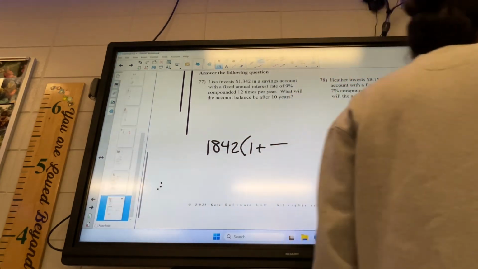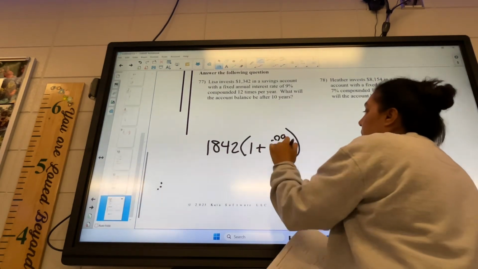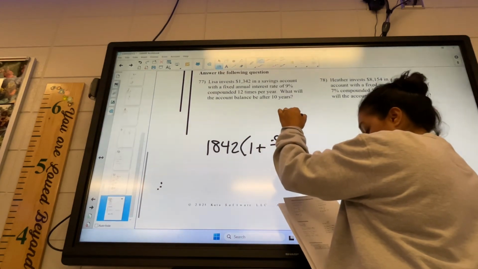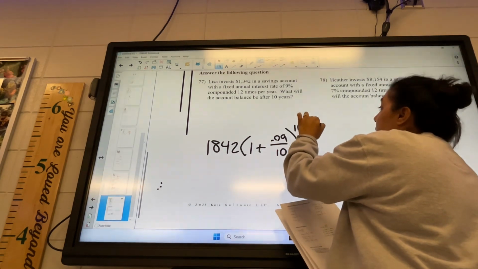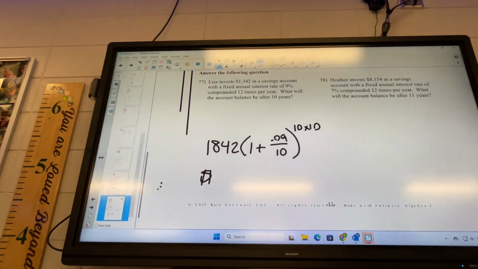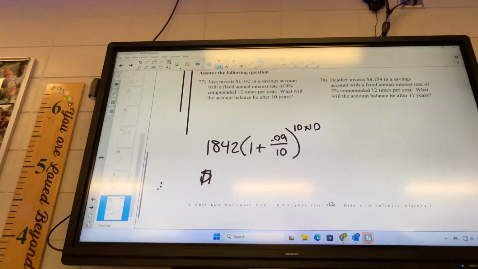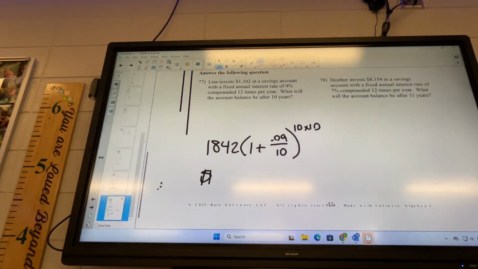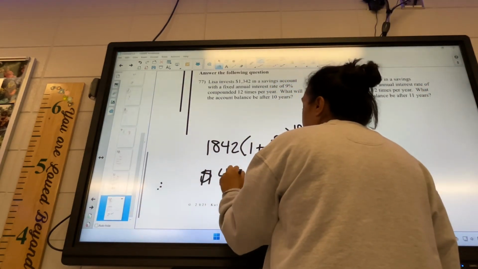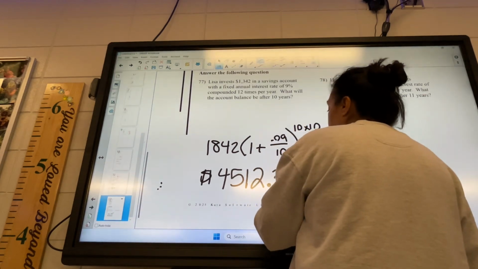What goes on the top part? 0.09, and on the bottom, 10, and then the outside, 10 times 10. $4,512.38. Somebody agree? Yeah.